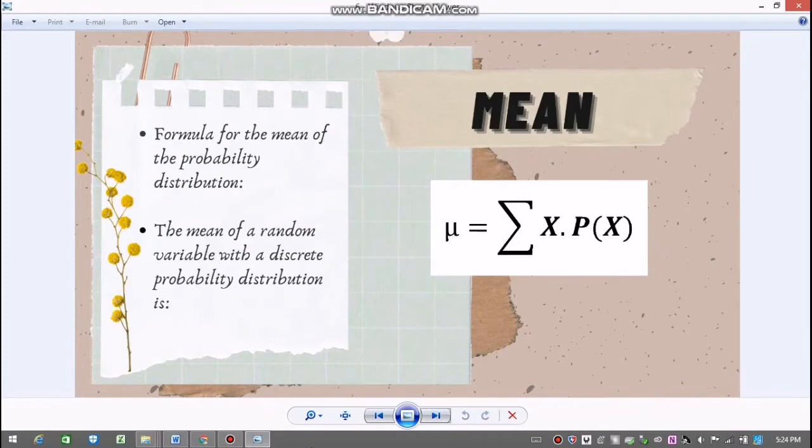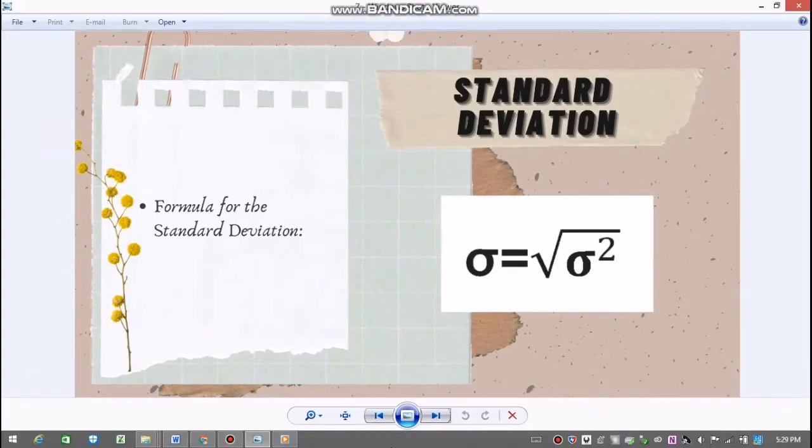Next is the formula for the mean of the probability distribution. The mean of a random variable with a discrete probability distribution is mean equals the summation of x times p of x. Next, the formula for the standard deviation: sigma equals the square root of sigma squared.